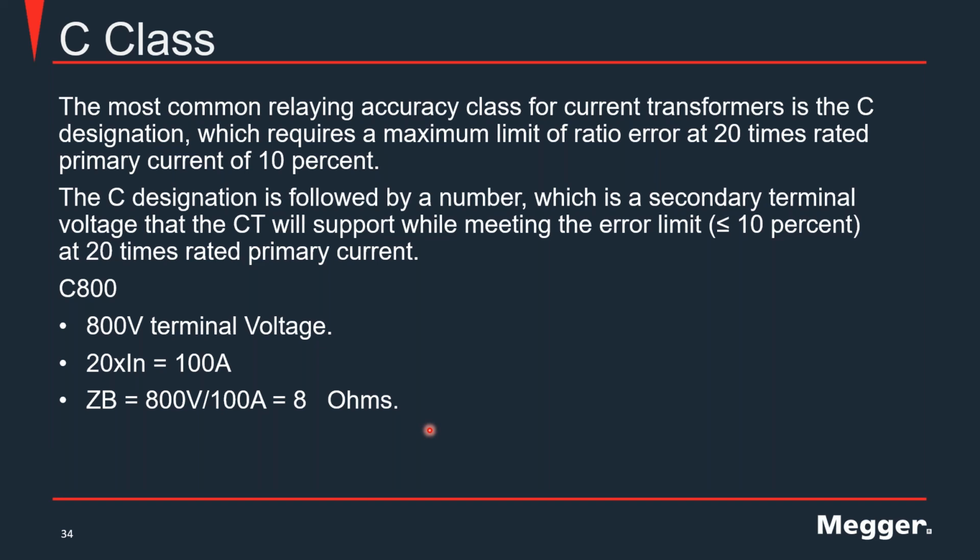But if you have a load higher than this 8 ohms, remember that we showed an equation where we connected the excitation current with the burden, and how we showed that the excitation current constitutes the error. Therefore, if you have a higher burden than this 8 ohms, then you will have an error higher than 10% at 20 times nominal, which means that you cannot use that CT for that application.